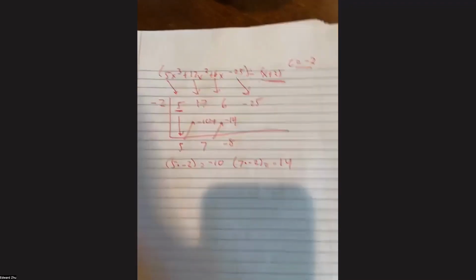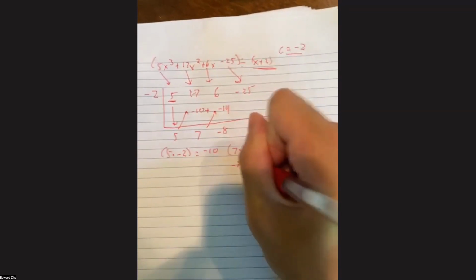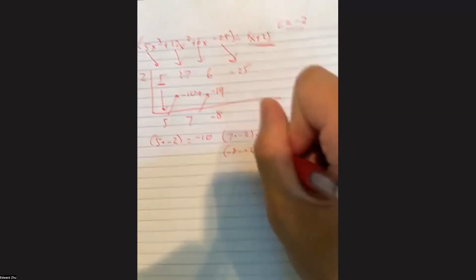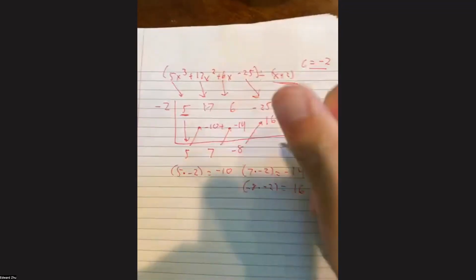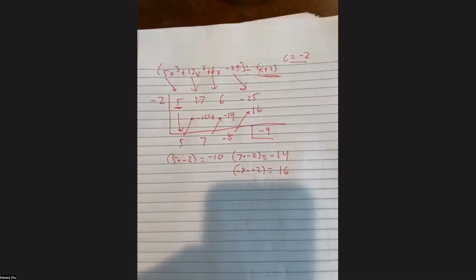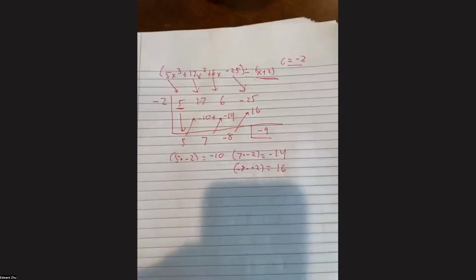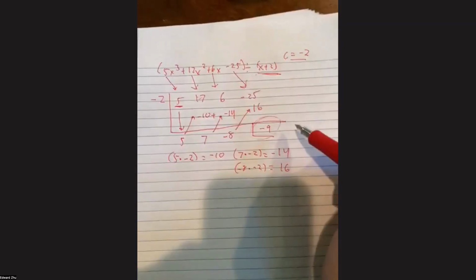One second, -8 times -2 gives you +16, add that to -25, and then you would get -9. And that is your remainder. Whatever is in the last box right here is the remainder.